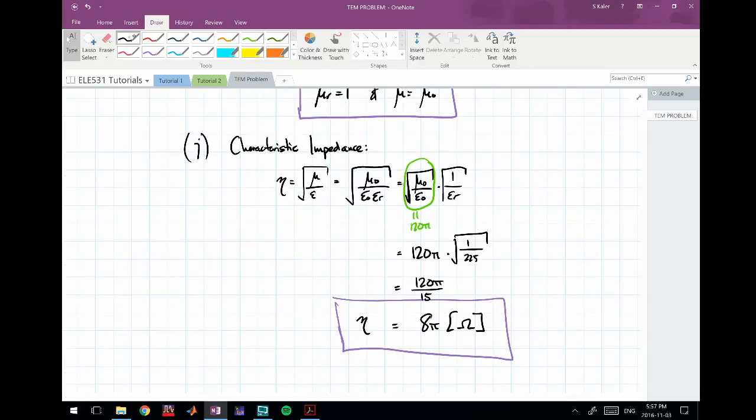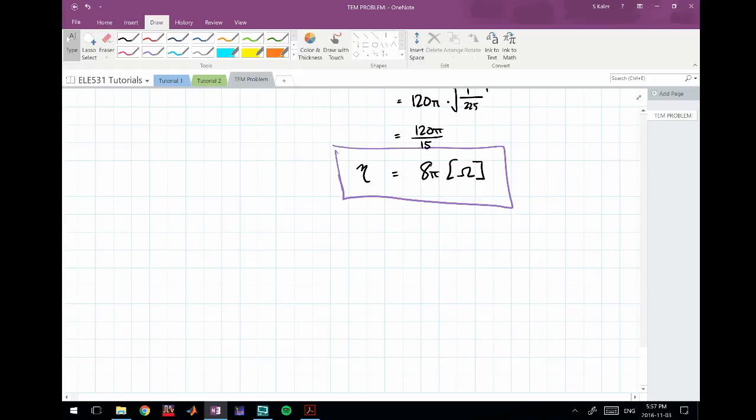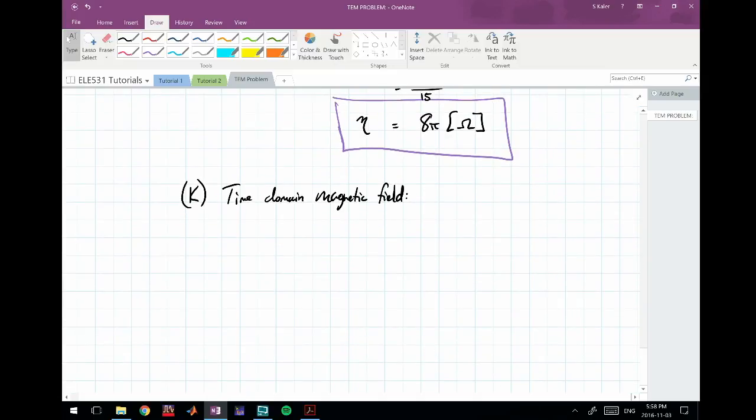Moving right along, we get to part K now. Part K asks us for the time domain magnetic field. Now the time domain magnetic field we can determine from the relationship that we already know between the frequency domain and the time domain.